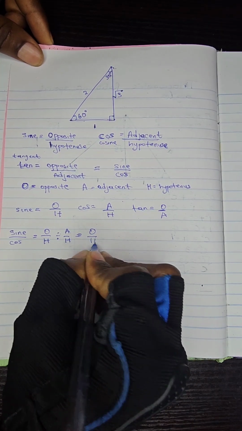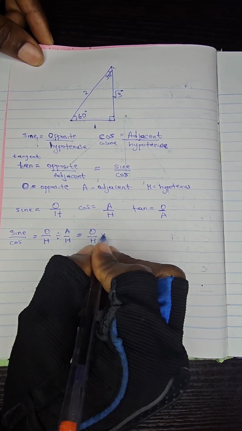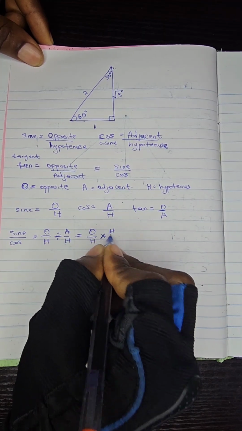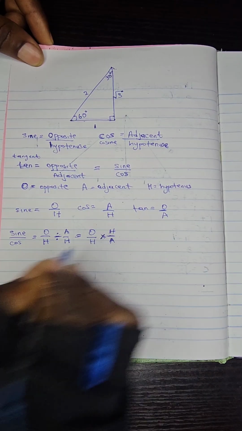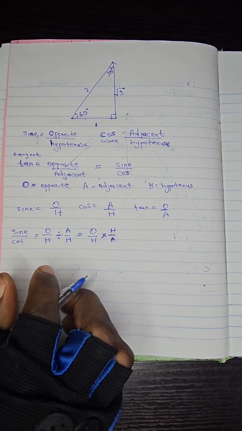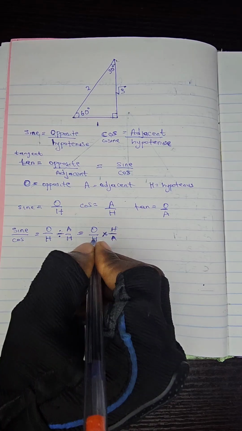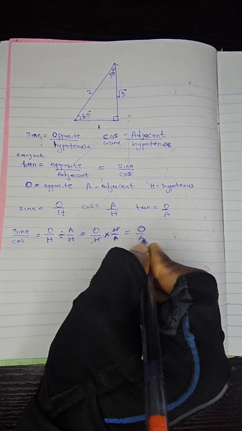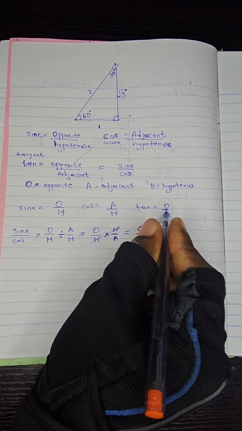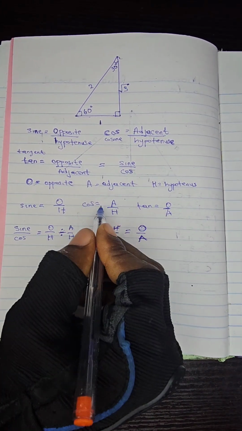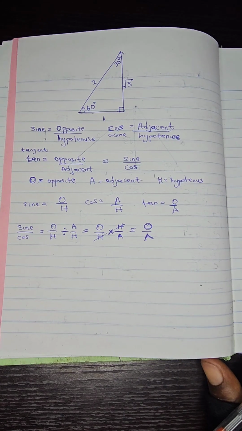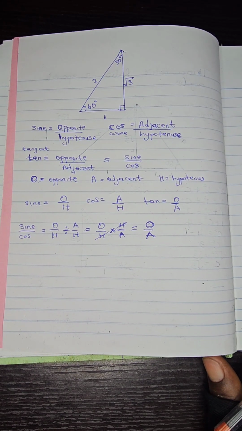So O over H multiplied by H over A. That's it, how to divide a fraction. If you notice, this H and this H will cancel each other, and you have O over A, which is the same thing as tan. So tan is also sine over cos.